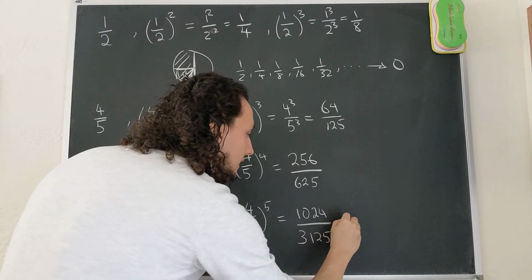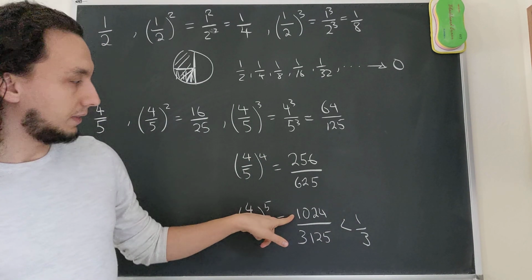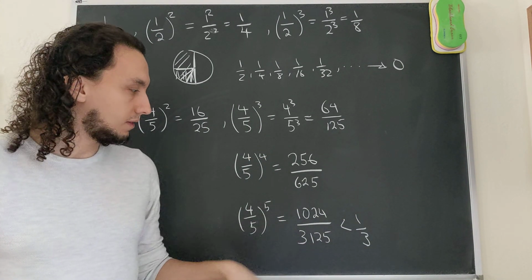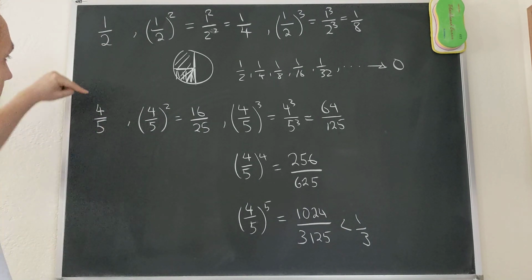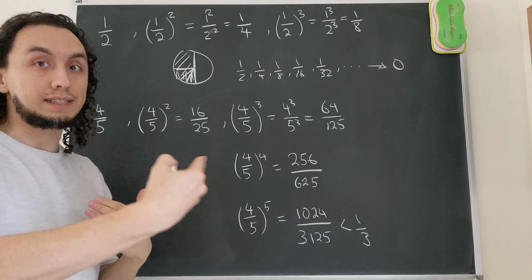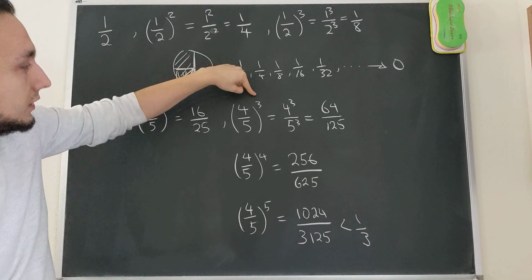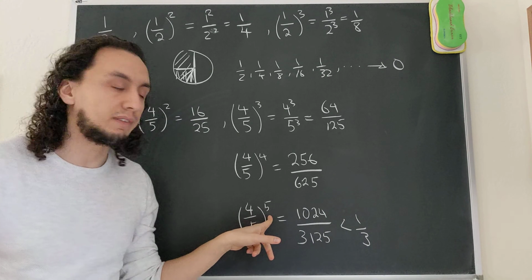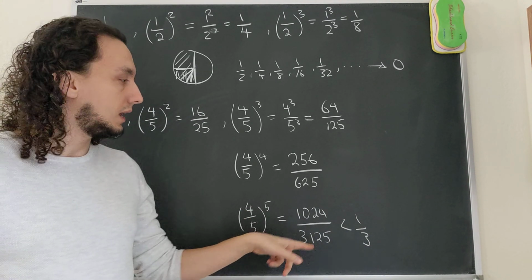And we can actually see this is just a little bit less than a third, actually. Right, the top times 3 is not quite 3,125. So what's happening, we started with a higher fraction, still less than 1, but a higher fraction. And as we square it, cube it, raise it to the power of 4, raise it to the power of 5, we're getting, again, smaller and smaller fractions.